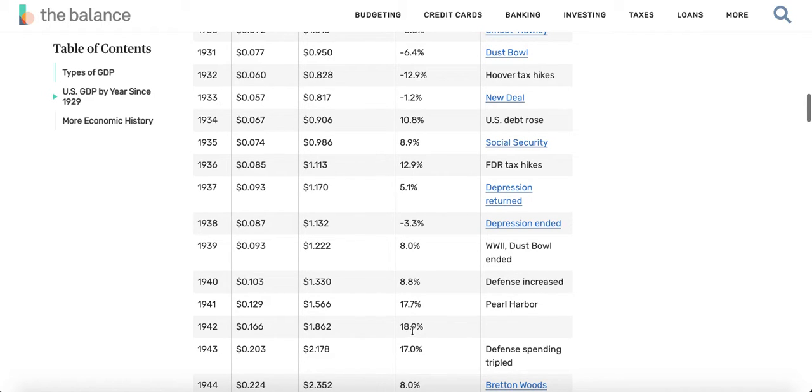So 19% is actually the highest of any major economy we've seen so far. That's pretty incredible. So base of 1.33 trillion to 1.566 trillion, and they think it's because defense increased.